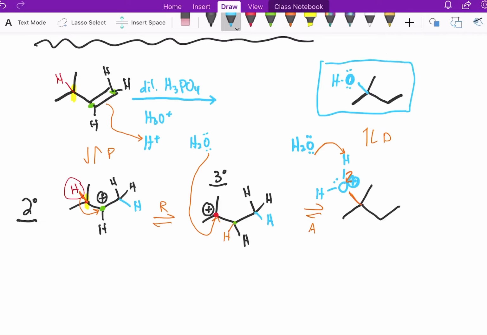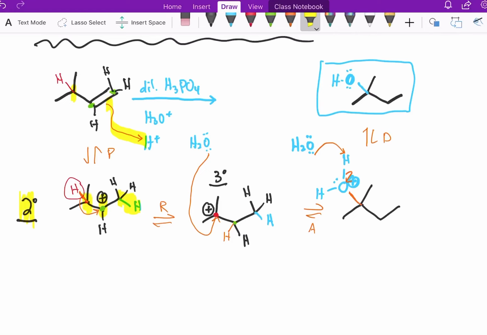And this is what our final product will be. Okay? So let's just review the mechanism again, right? The first step, the pi bond is going to protonate the H+, adding it, following Markovnikov's rule, adding it to the carbon where there's more hydrogens, forming a secondary carbocation. Because this is a secondary carbocation, we now have to look at the adjacent carbon.